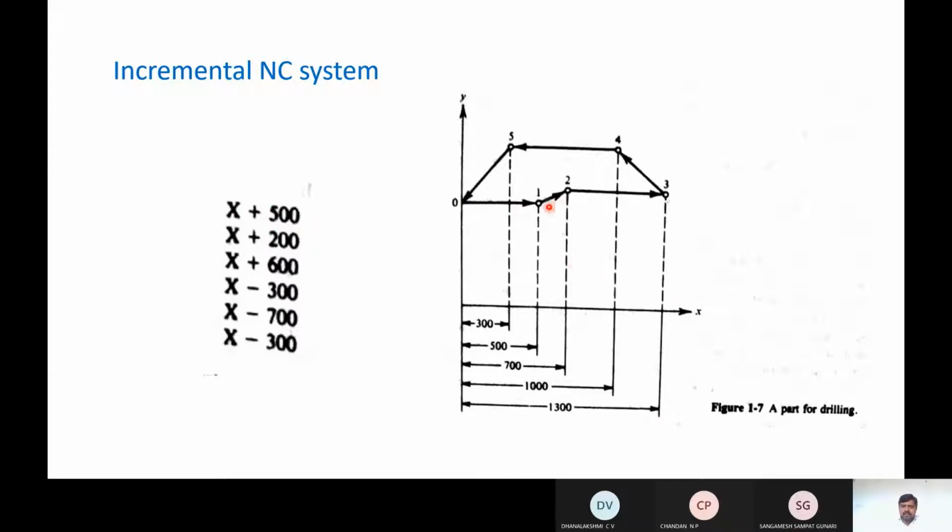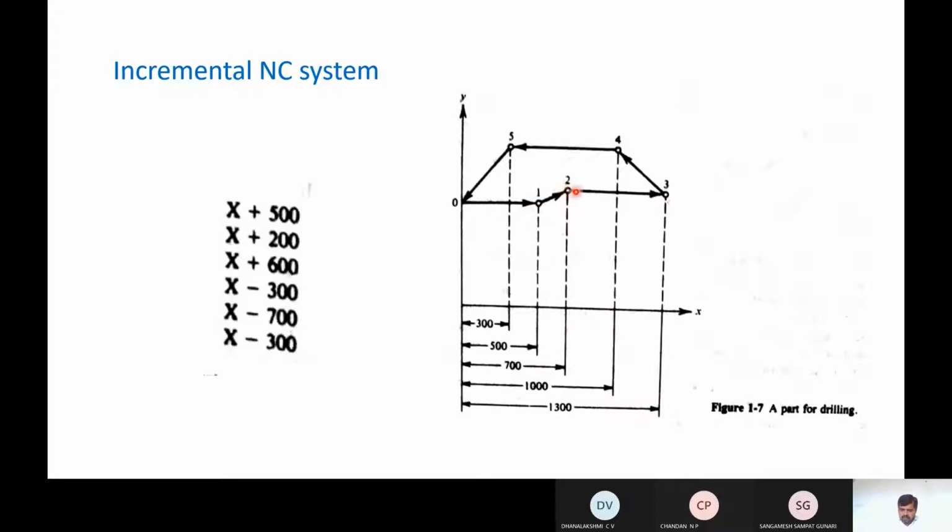Next, in order to drill the second hole, the reference will be the previous point. In order to drill hole number 1, the table has already moved for 500 units along the X axis. To reach the position of hole number 2, it has to move only 200 further. The current position is already at 1, that is, it has already moved for 500.